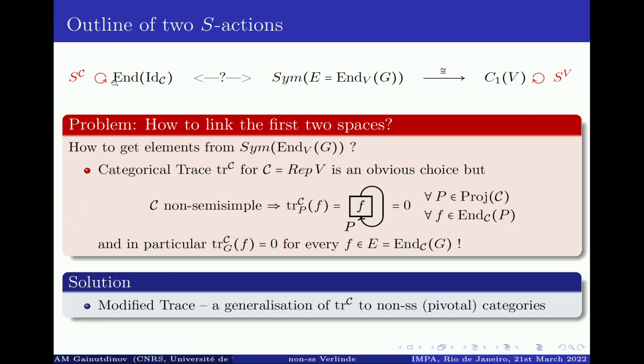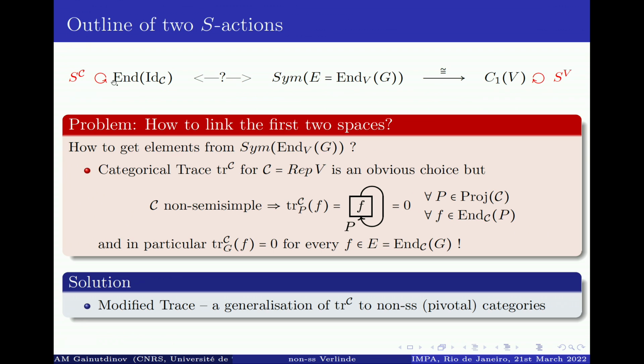The categorical trace for C equals rep V is the obvious choice because it actually gives you a symmetric form. But the problem is that if C is non-semisimple, you can prove that the categorical trace of every endomorphism of every projective object is 0. Which means that if our VOA is non-semisimple, has a non-semisimple representation category, the categorical trace is just useless because the categorical trace of every endomorphism of the projective generator is 0.